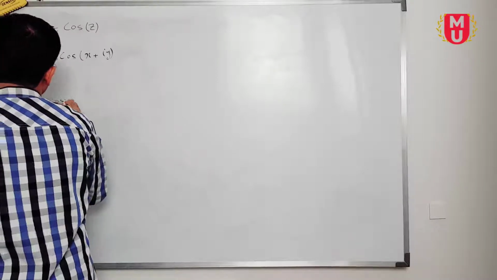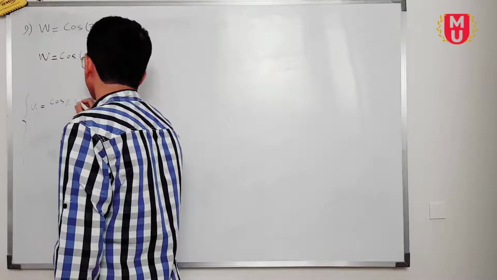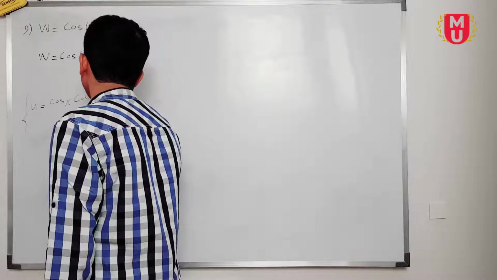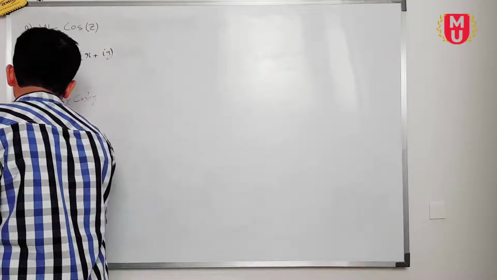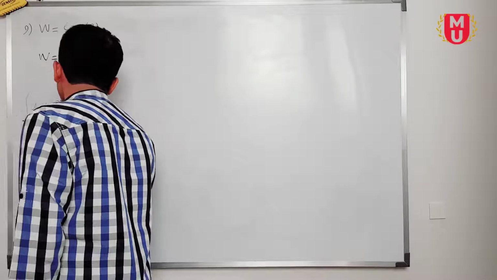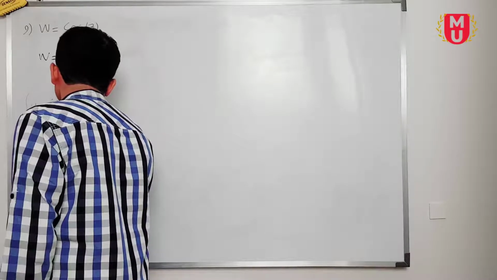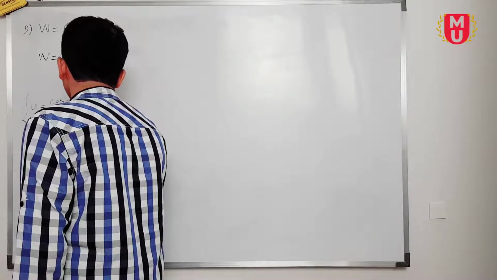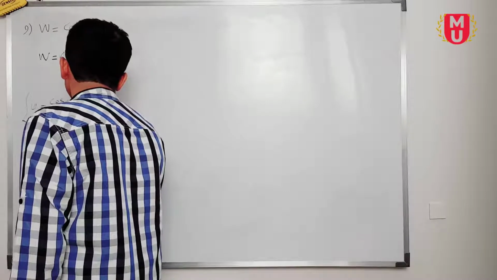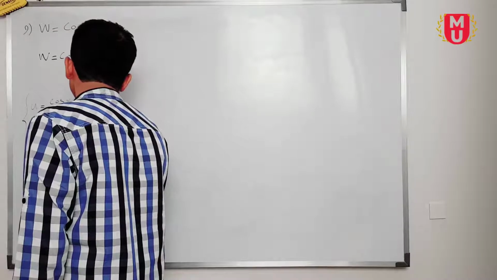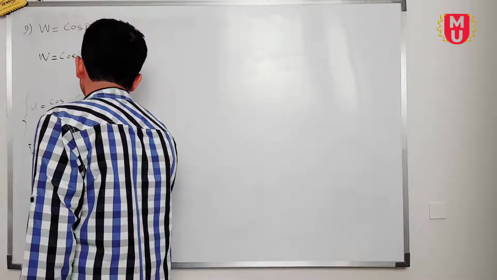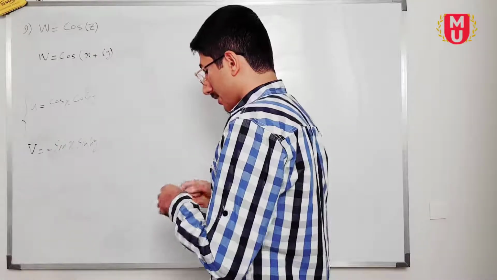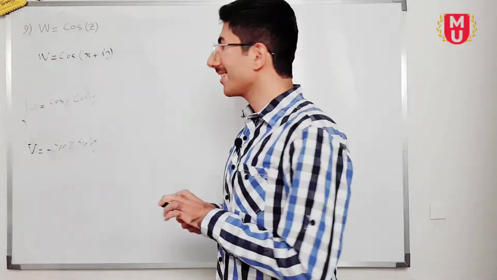U is cosine x hyperbolic cosine y, and v equals minus sine x hyperbolic sine y. It has a minus sine, it's new. That's it, and wait for an example.